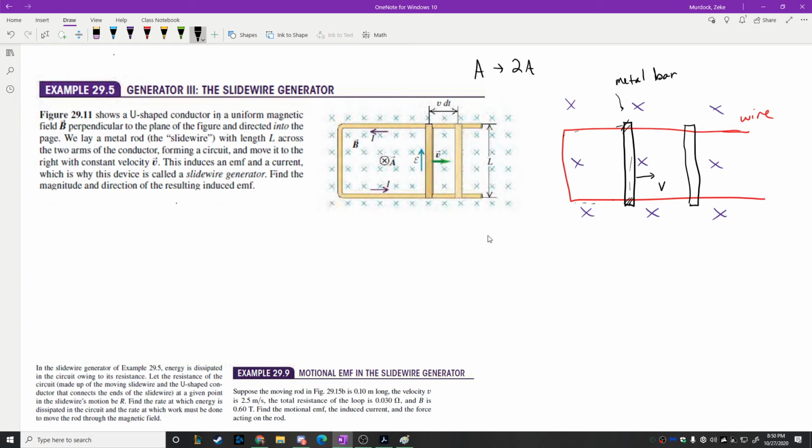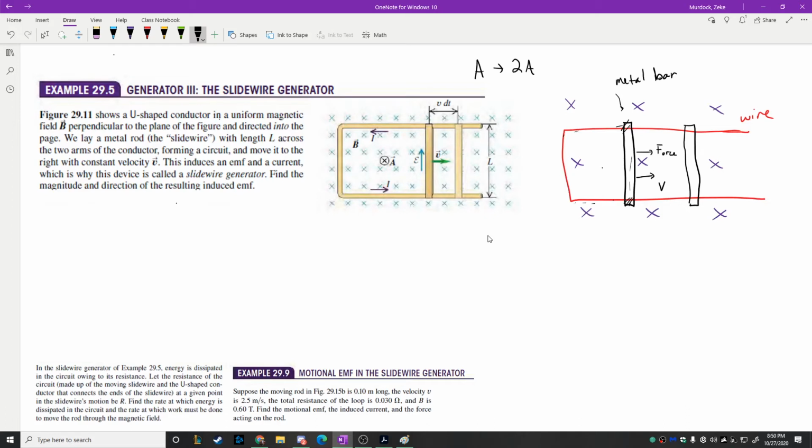You pull it to the right. You pull it from here to here with a string or something, so there's a force that you're applying this way, it pulls the rod from this position to this position. The flux increases. Now, if the flux increases, what does that mean about the direction of the current? It should be in such a way that it produces an induced magnetic field that's opposite to this one.